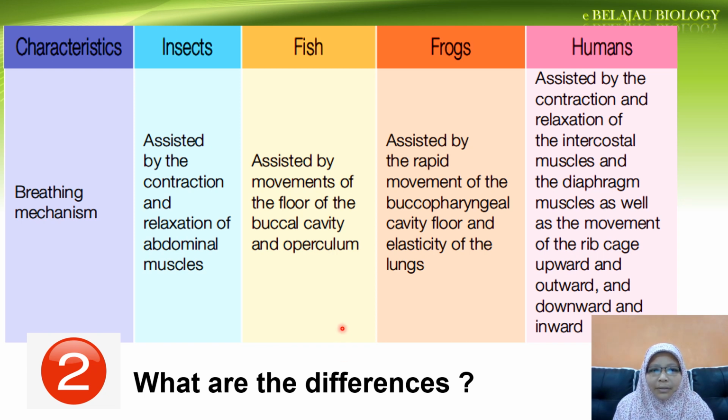Next, the differences are: the breathing mechanism in insects is assisted by the contraction and relaxation of abdominal muscles, while for fish, the breathing mechanism is assisted by movements of the floor of the buccal cavity and the operculum. While for frogs, the breathing mechanism is assisted by the rapid movement of the buccal-pharyngeal cavity floor and also the elasticity of the lungs.